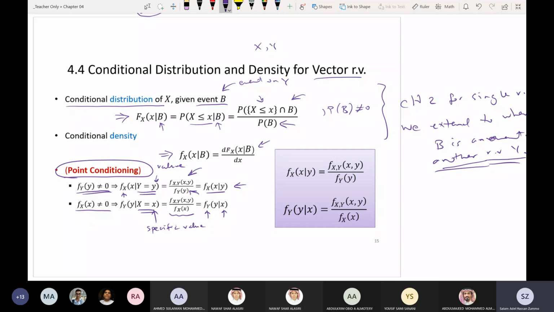This is called point conditioning. Why is it point? Because we are conditioning on Y equaling a specific number, or on X equaling a specific number.